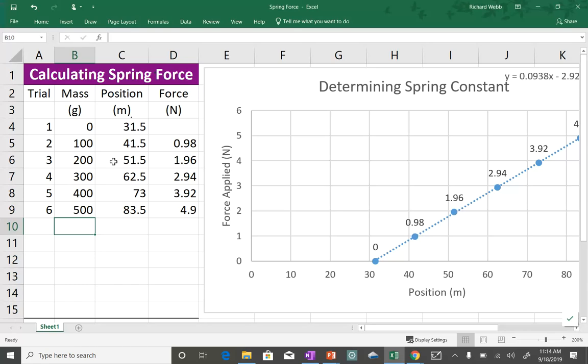So what we have here is a measurement of the spring force as a function of the position of the spring bottom, which tells us how much it was stretching. Right, the first one, the one with the mass of 0, that was its unstretched length. Now, honestly, when this spring was made, it was made so that it would hold itself closed.